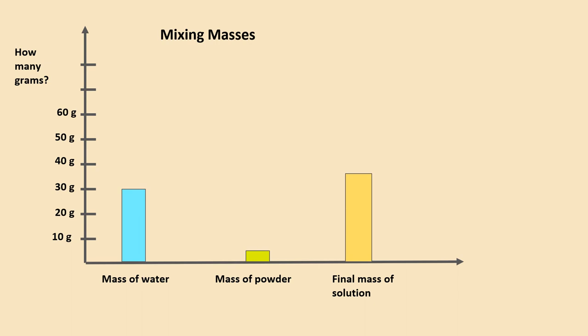So what we're trying to get them to see is a trend that the 2 substances that you were combining, the mass of those substances adds together to make the mass of your final solution.